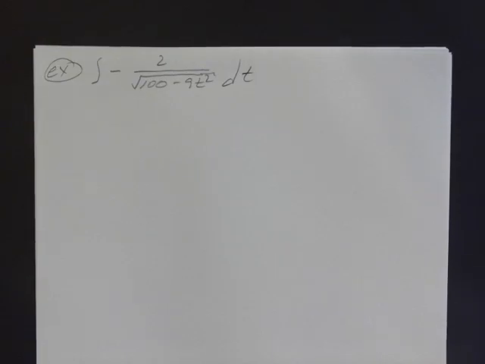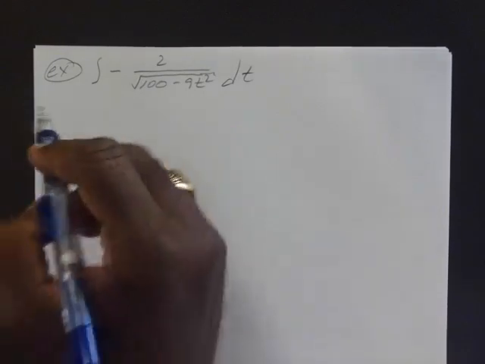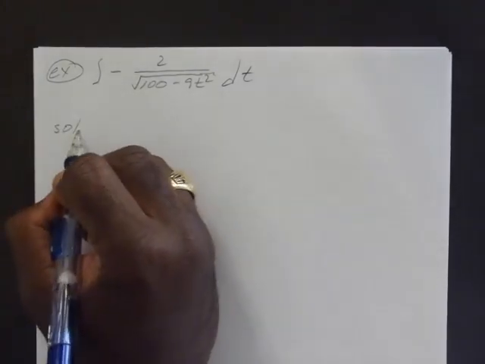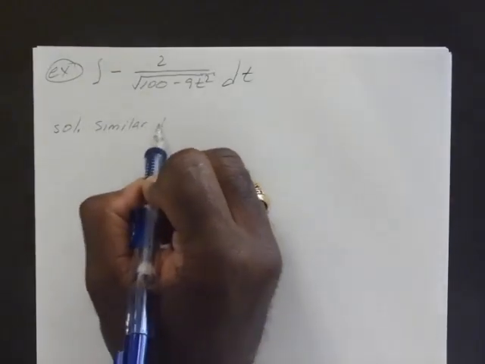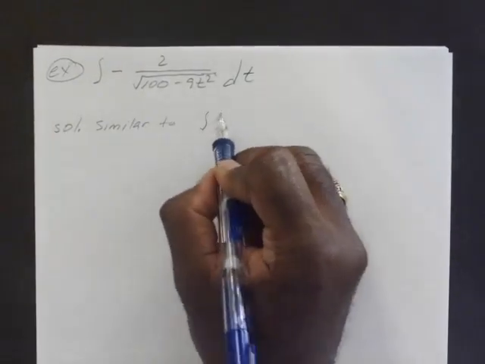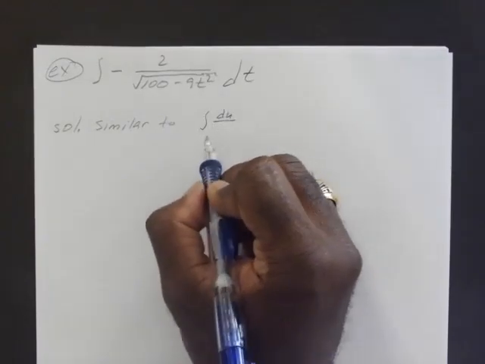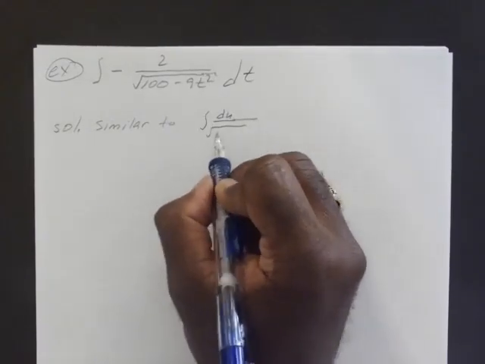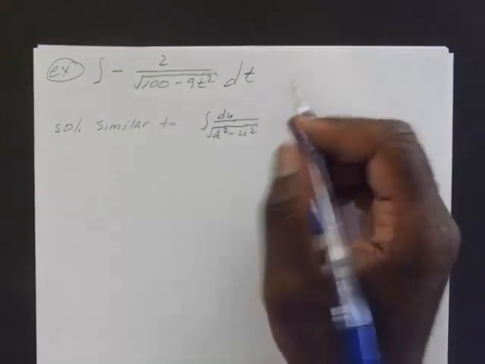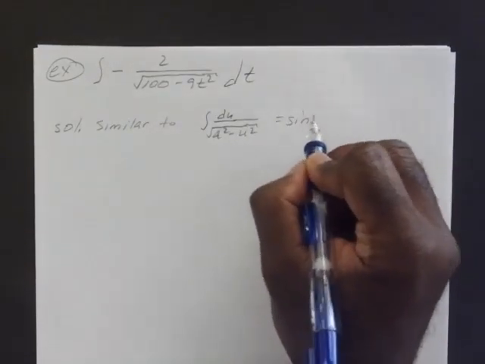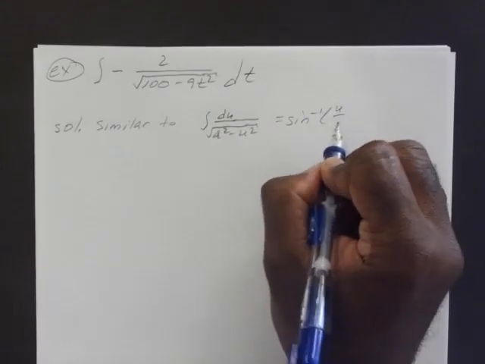Okay, so just like before, you want to look at the form of the integral. And we see that it's similar to the integral of du over the square root of a squared minus u squared, which is equal to sine inverse of u over a plus c.